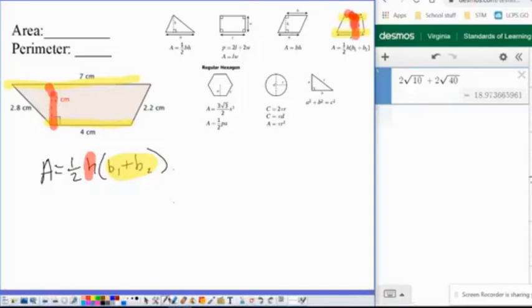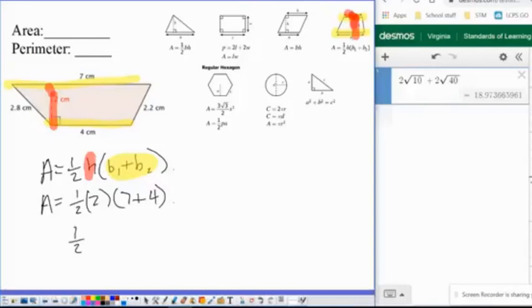So I'm going to plug those in, and we see that the area is half of the height, which is 2, times the base 1, which is 7, plus base 2, which is 4. And then we close the parentheses.